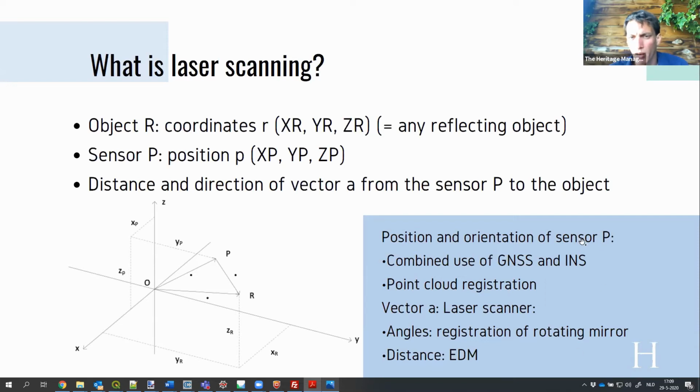An INS or an IMU is more for kinematic applications, and a gyroscope or a compass is also applied for static applications. And then these angles, which are actually a registration of a rotating mirror for the vertical angles, and the registration of our horizontal angle, combined with the electromagnetic distance measurement, will result in the polar coordinates of our point, and these polar coordinates are then converted to Cartesian coordinates.